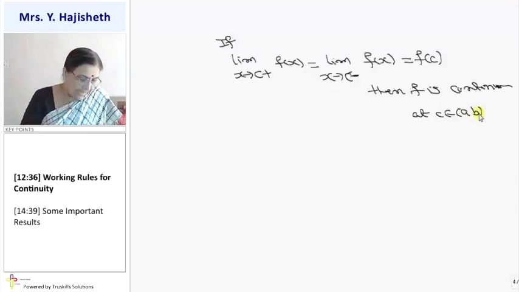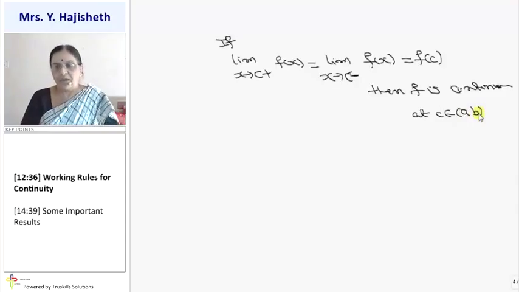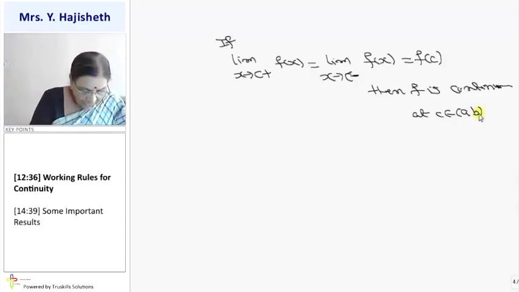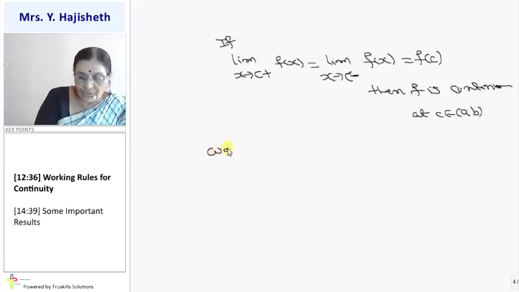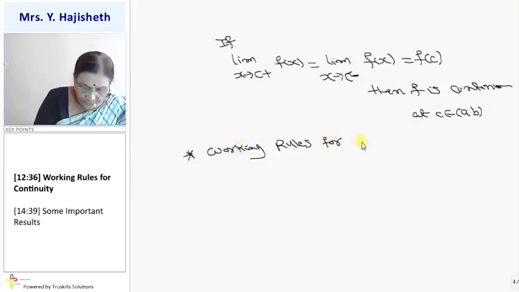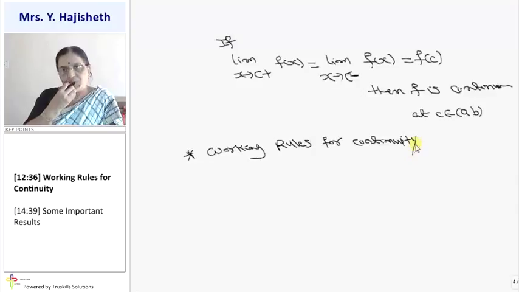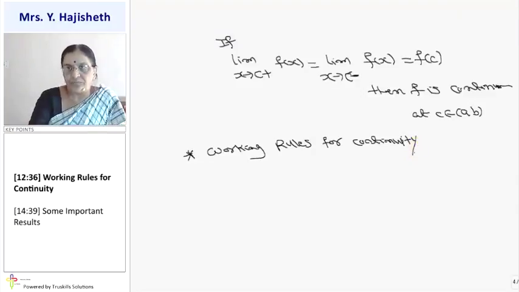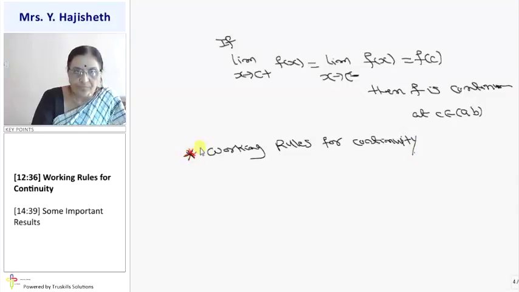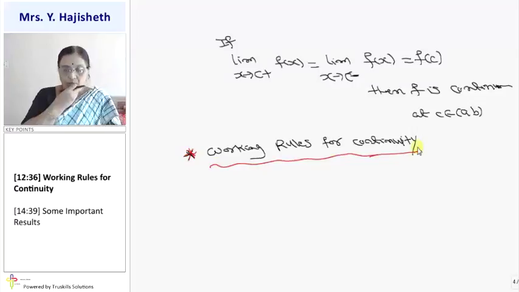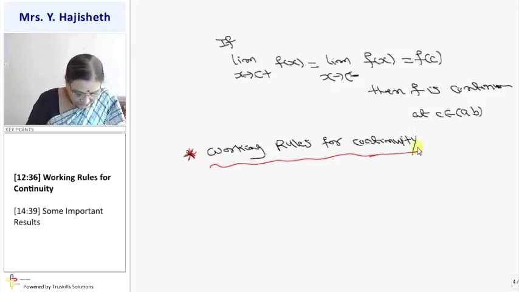See, as we have working rules for limits, we have some working rules for continuity also. For continuity, we call them theorems of continuity, but we are accepting them without proof. Okay? What are those working rules?